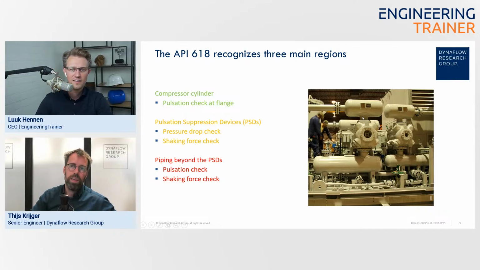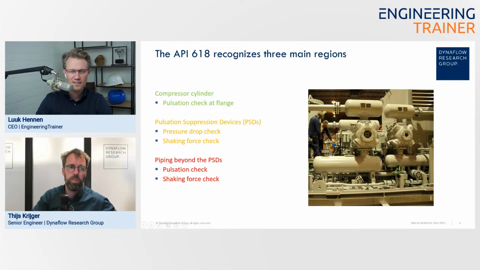And so the API has different checks that you have to perform if you do a pulsation study. And some of them apply to the compressor itself. So there's a pulsation level at the compressor flange, which would be the inlet and the outlet of the compressor.